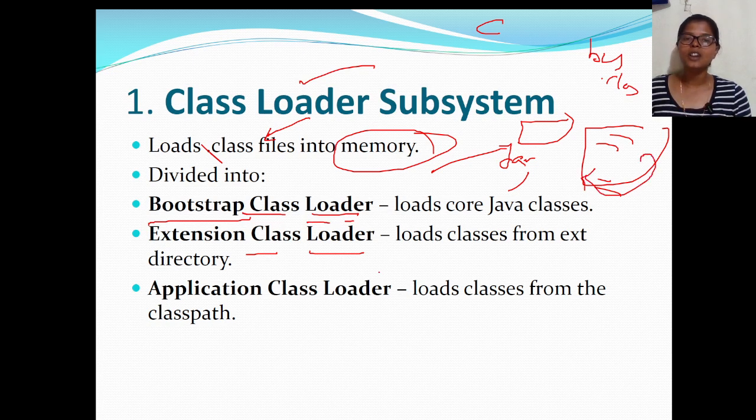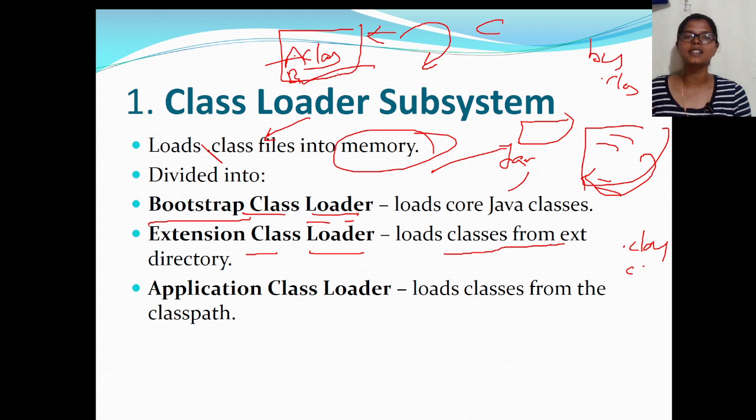Next, the extension class loader: whatever extension class files we have will be loaded in this extension class loader, because when you compile the Java program, it will be converted to bytecode, right? If you see the folder where you have saved the Java file, a .class file will be generated immediately with the class name, a.class, b.class. You can verify the folder in your system after compiling it.